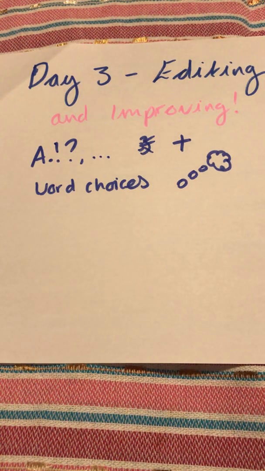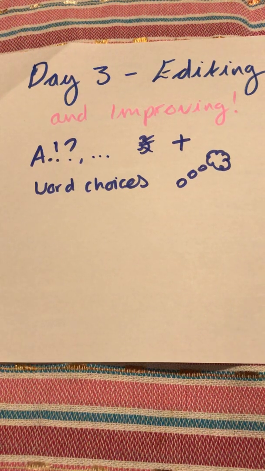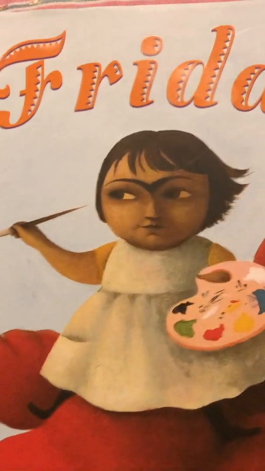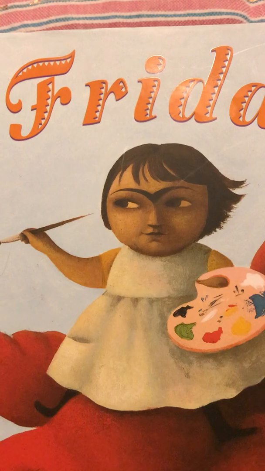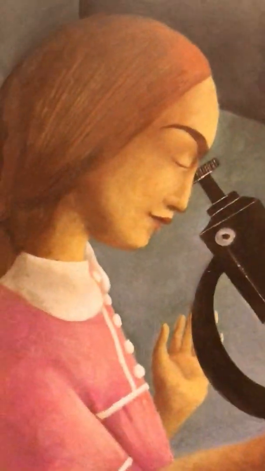So I'm going to go through with you just one of my paragraphs about Frida. Okay, so I have been using this book to help me. We will have looked at it in year 1 when we did Mexico, and it is very, very beautiful. It's got the most gorgeous illustrations.